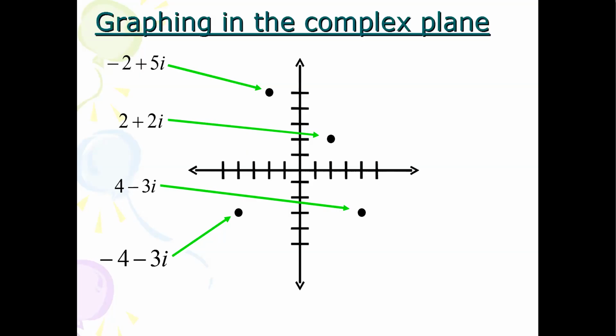However, we don't order complex numbers, saying that 4 minus 3i is somehow greater than minus 4 minus 3i. But in real numbers, we do that. You can figure out all of that later in your reading.